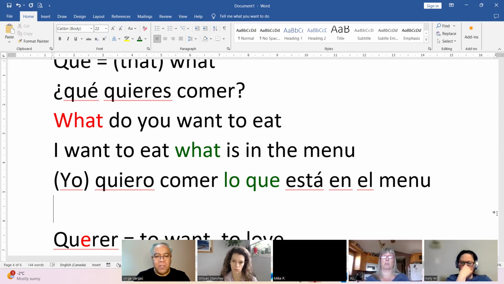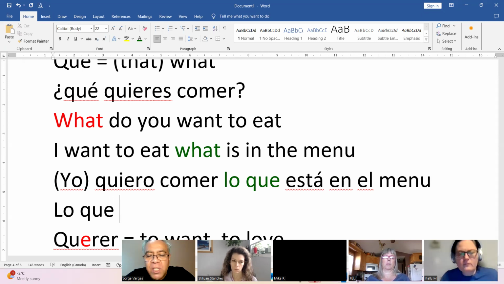what if I wanted to start using lo que, but in initial position? So right here, lo que. What I want is not in the menu. Right after the question, someone asks you, ¿Qué quieres comer?